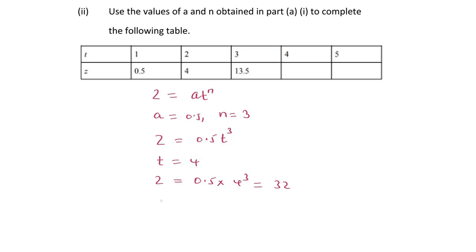Next, when t equals 5, then our equation is going to be z equals 0.5 times 5 to the power 3, which on solving, we are going to get 62.5. Now we can complete our table by having these values. So the value here is going to be 32, and here the value is going to be 62.5.